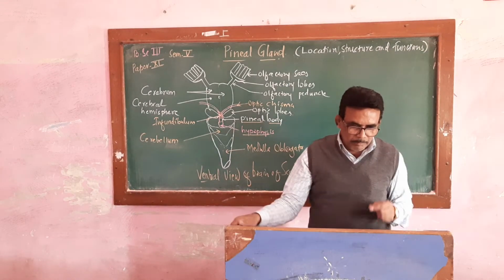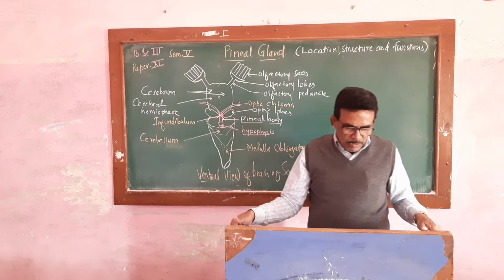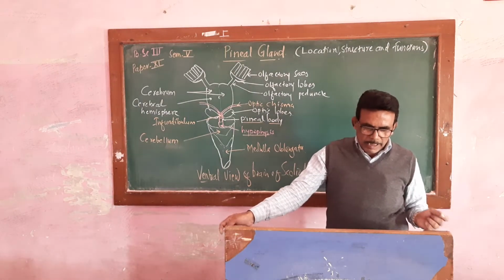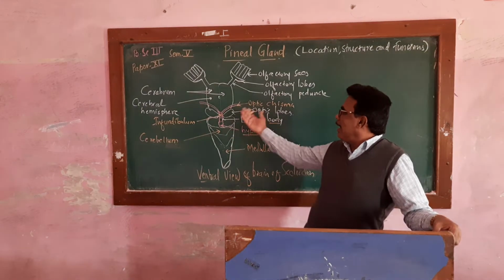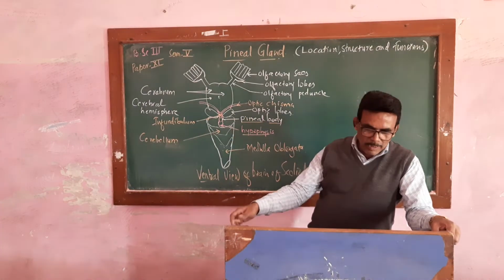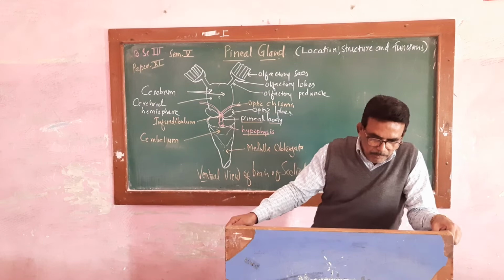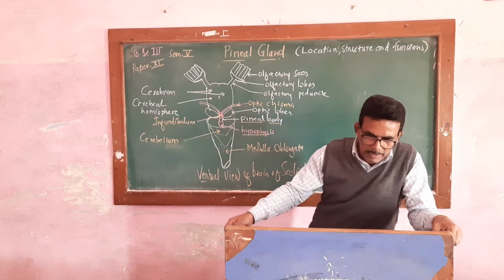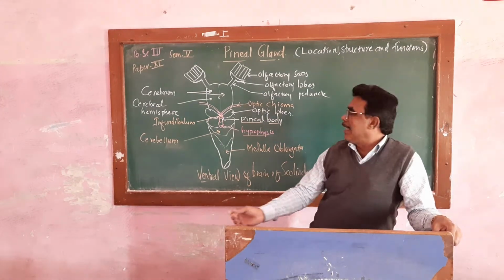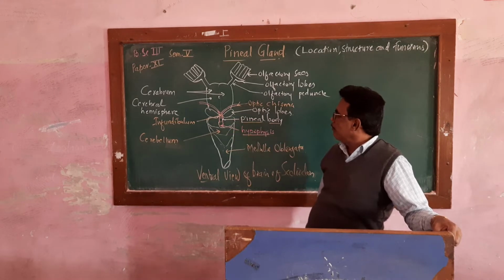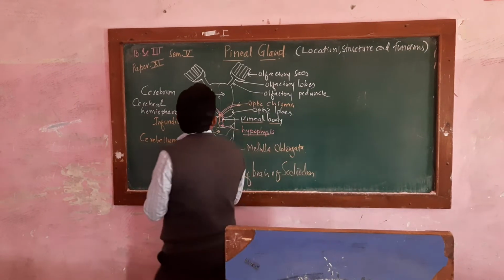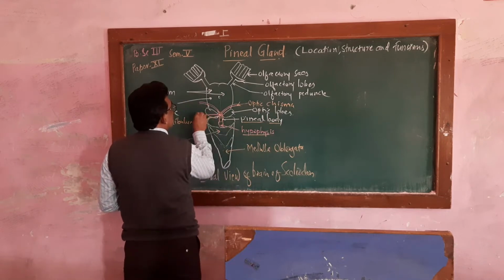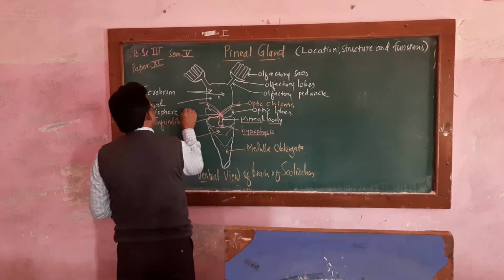The pineal gland is a small organ, located geometrically at the center of the brain, at its ventral side and in the midbrain. You can say it is below the diencephalon, or at the dorsal part of the diencephalon. So above the infundibulum the diencephalon is there. Here is the diencephalon.